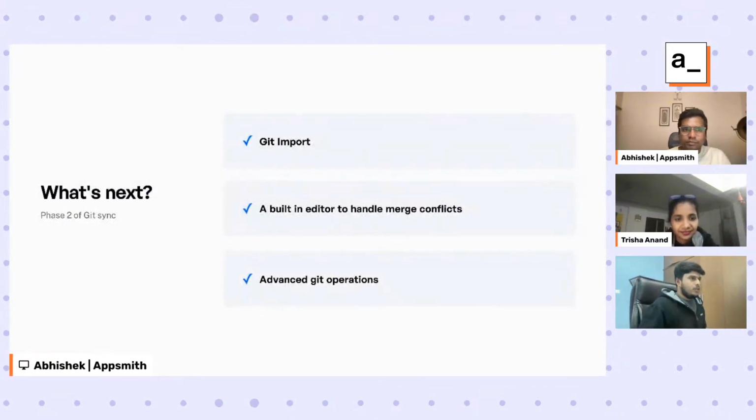So, git import. Now that you have connected your application, you might want to import it back to a different instance. Before I mentioned, you have two different instances running. One is the production version, and the other one is a pre-release or staging.